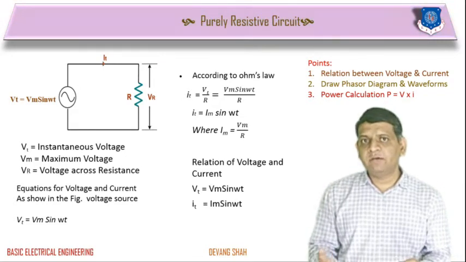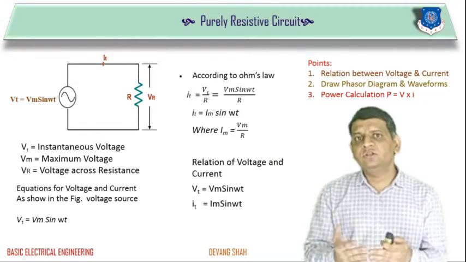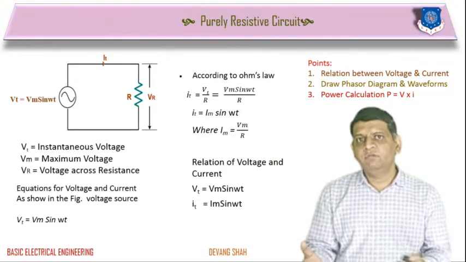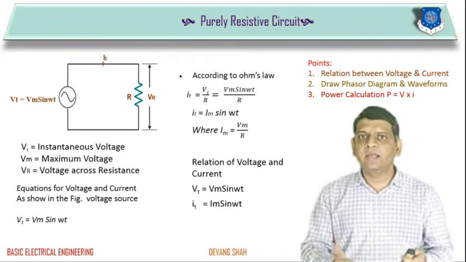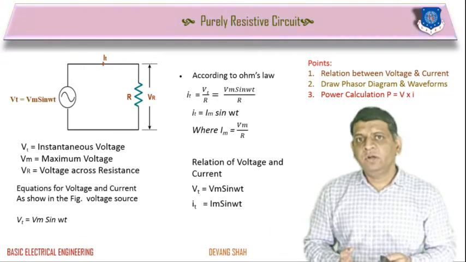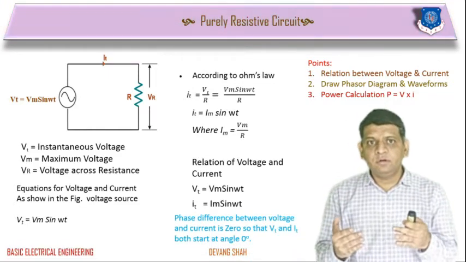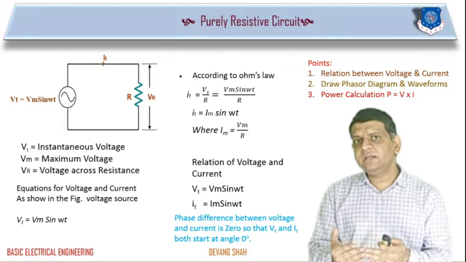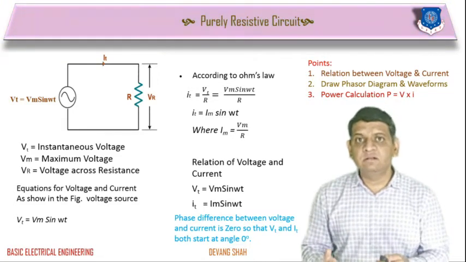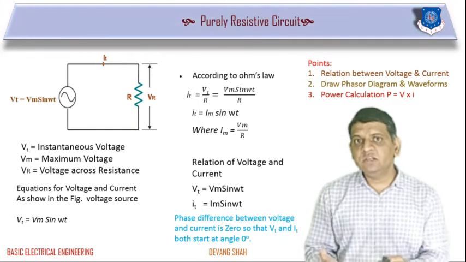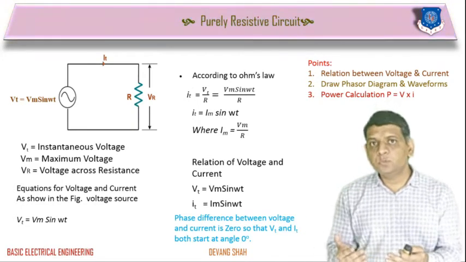Now for point number 1, the relation of voltage and current: v equals Vm sin omega t and i equals Im sin omega t. Based on this, the phase difference between voltage and current is 0, because both signals start at angle 0. So this is point number 1.